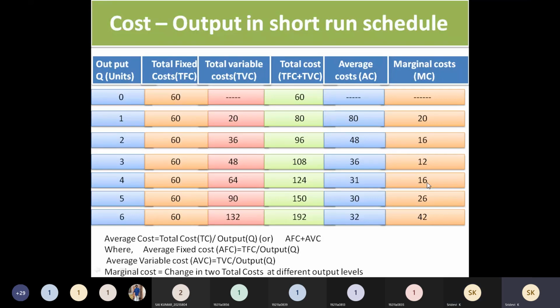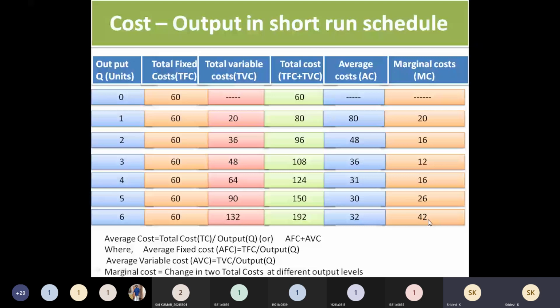So both are increasing at the sixth unit of output. But when you compare these values, marginal cost is 42 and average cost is 32. That indicates that when costs are increasing, marginal cost is more than the average cost.